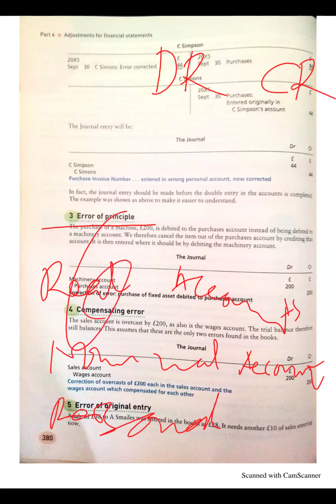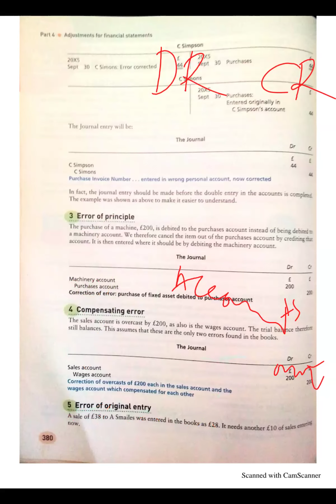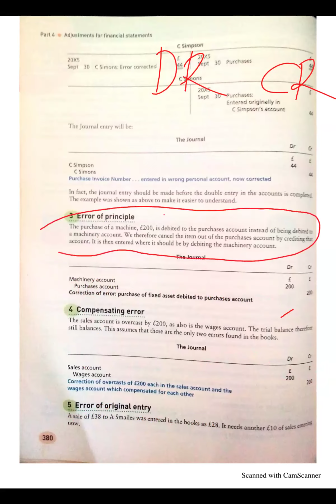So now, riding on the same lines that I'm just communicating, we have to analyze the transactions, which two different classes they belong to. And once we analyze that, then we debit the account that needs to be debited and credit the other one that needs to be credited. The question is, there is a purchase of machinery that is worth £200 being debited to the purchaser's account instead of being debited to the machinery account.